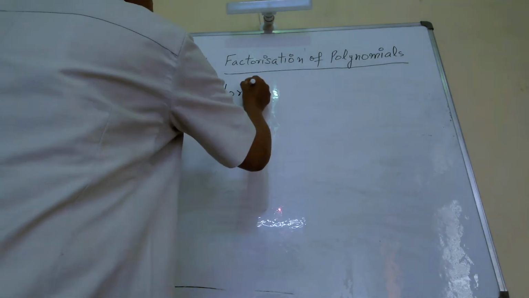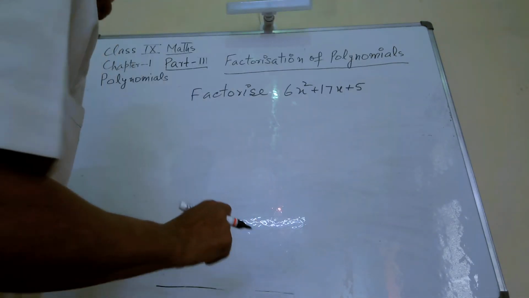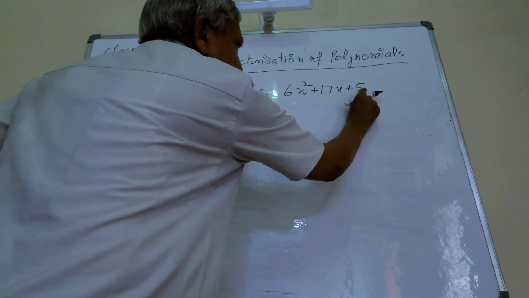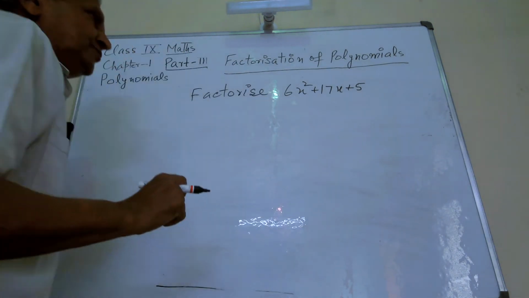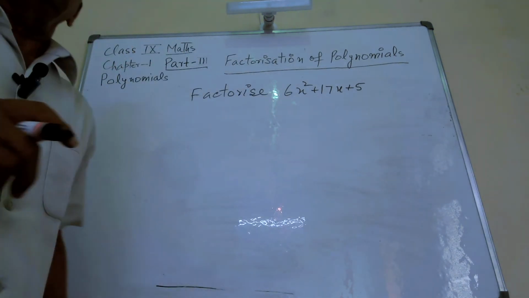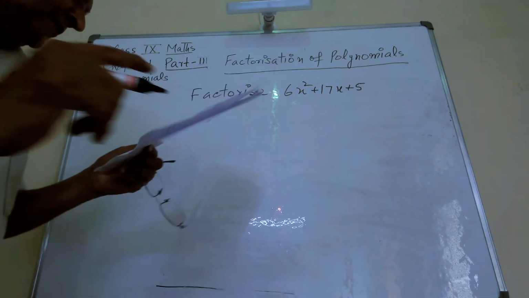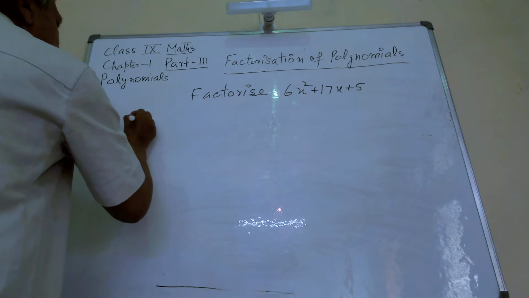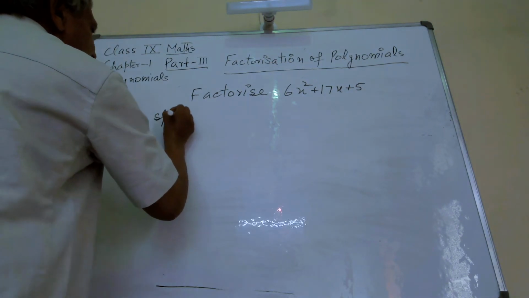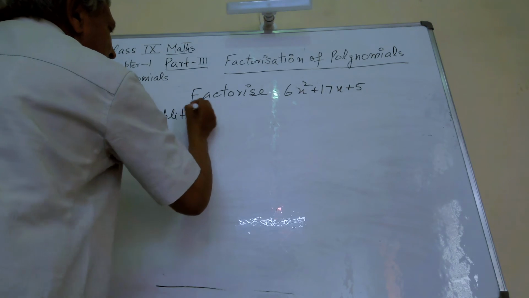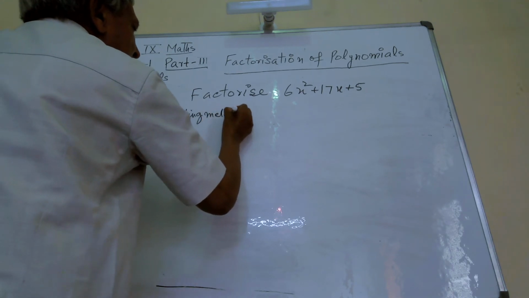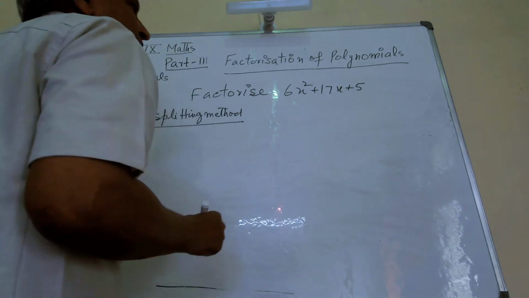Factorize 6x square plus 17x plus 5 by using the factor theorem. We have to factorize this polynomial, and we are using the splitting method here. By the splitting method, we have two numbers.